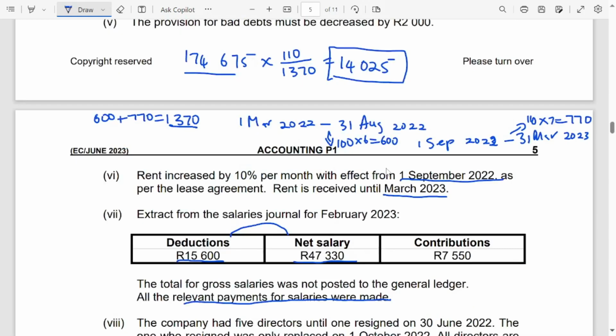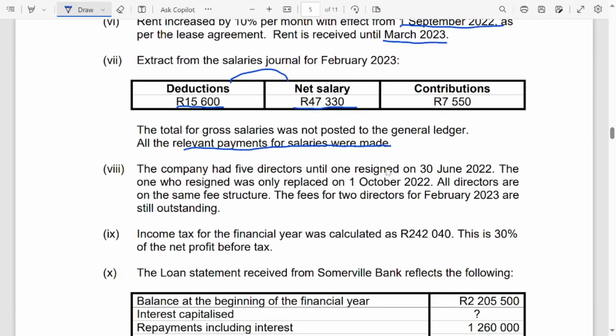Let's continue. From figure 8. The company had 5 directors until one resigned on 30 June. Now, the year starts on 1 March 2022, right? They are saying that the company had 5 directors until one resigned on 30 June. The one who resigned was only replaced on the 1st of October 2022.